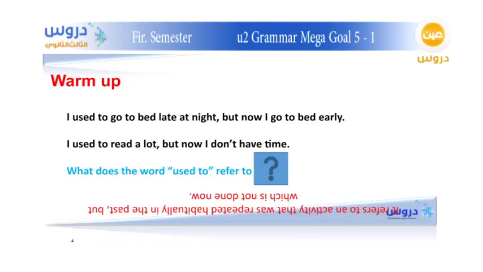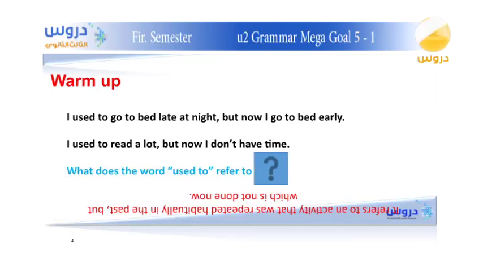Okay, so the first thing we have here is a warm-up question. The sentences are: I used to go to bed late at night, but now I go to bed early. And: I used to read a lot, but now I don't have time.